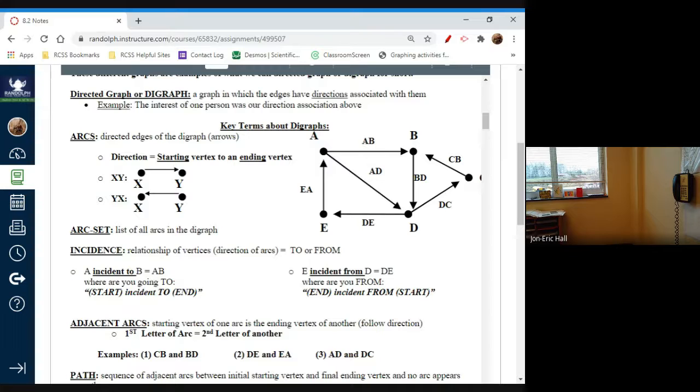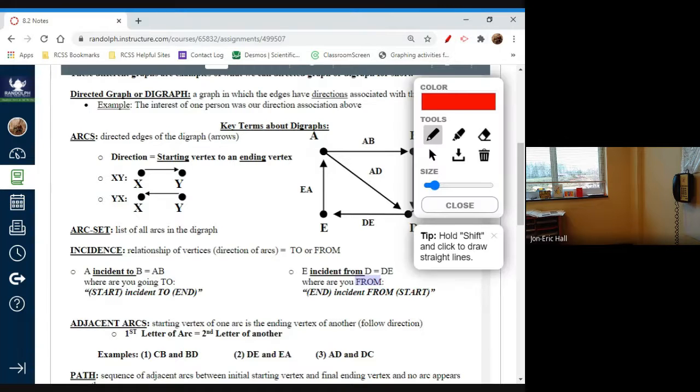Why? Where are you from? It's all about the language here. End, incident from, start. So if I said incident to, you read it like the way you would list it, A to B. If I said incident from, it's backwards. Incident to, the same way. Incident from, backwards.